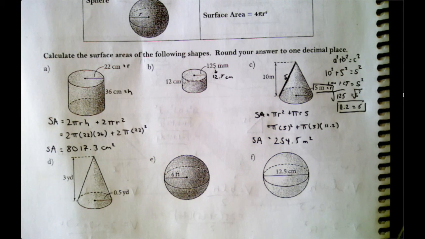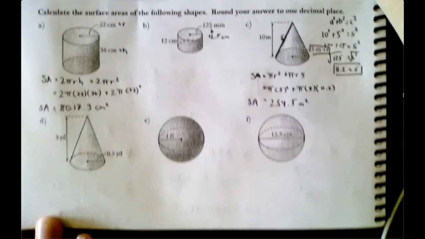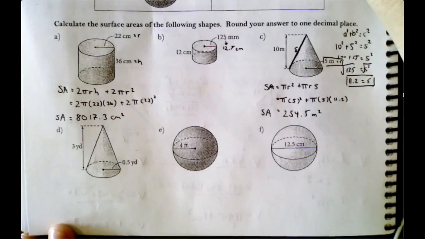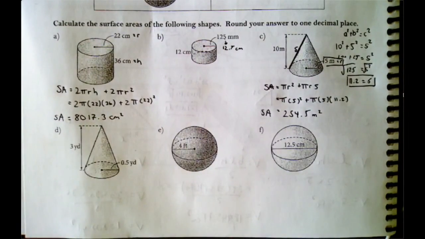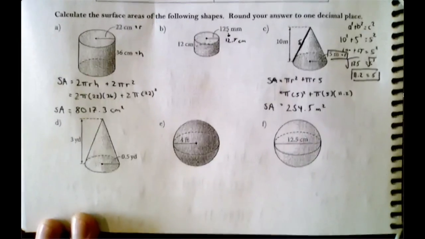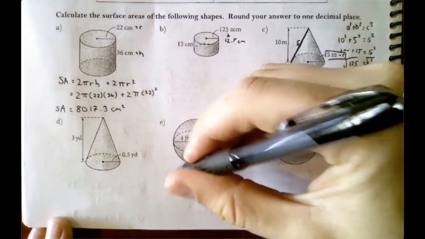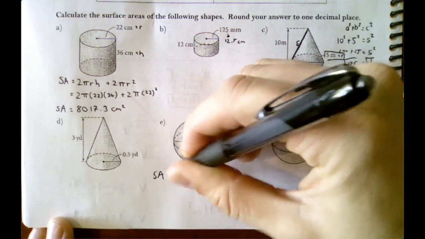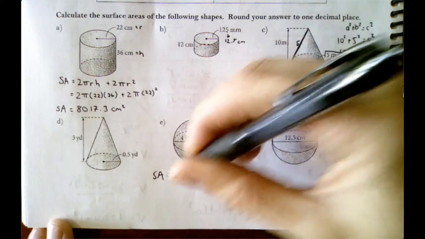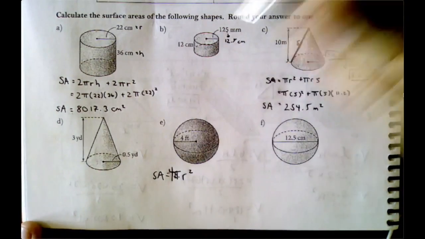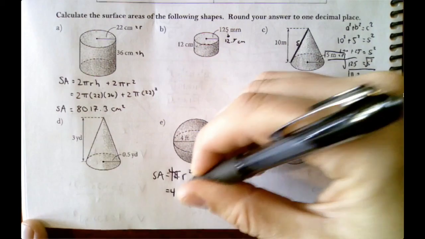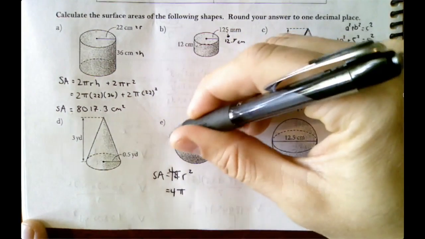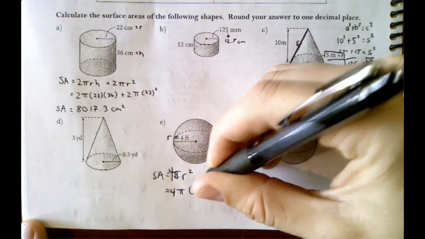Last one is a sphere. The surface area equation for a sphere is 4 pi r squared. This is my favorite surface area one because it's very straightforward. Surface area equals 4 pi r squared. The radius in this case is just 4 feet.